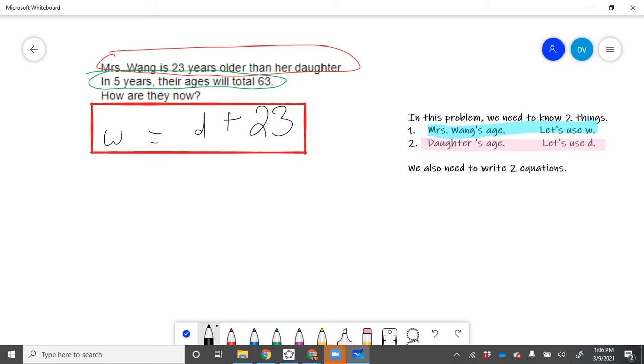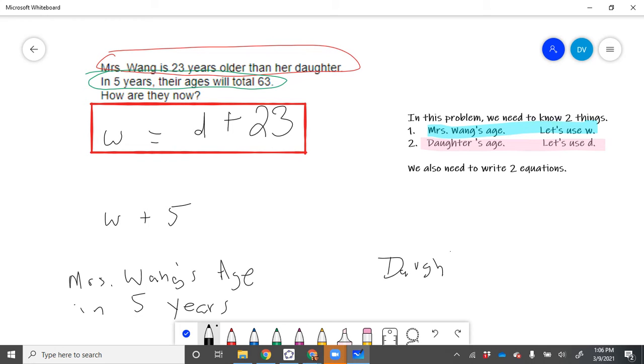Mrs. Wang's age in 5 years. That's going to be W plus 5. And her daughter's age in 5 years is just going to be D plus 5.